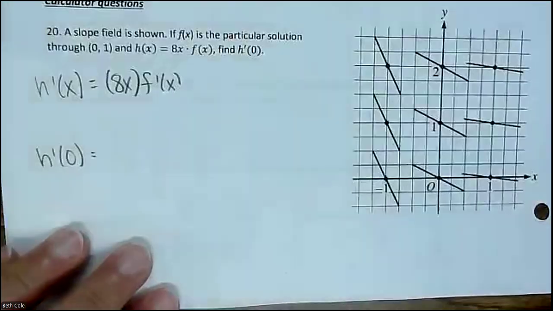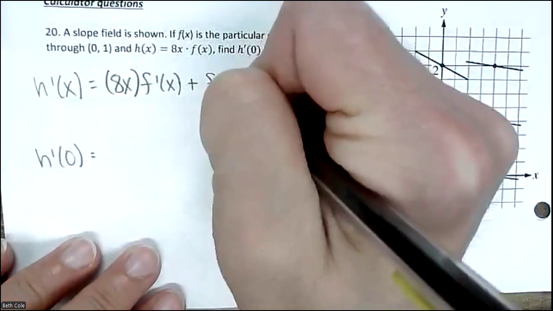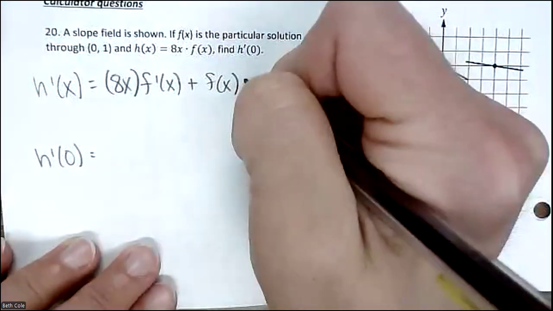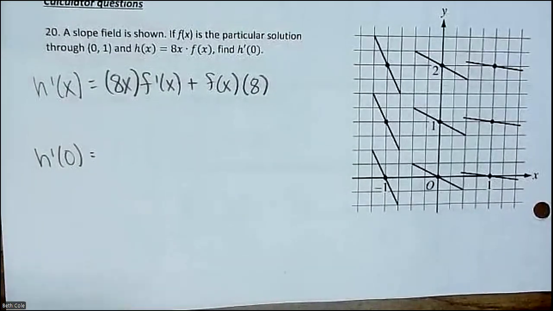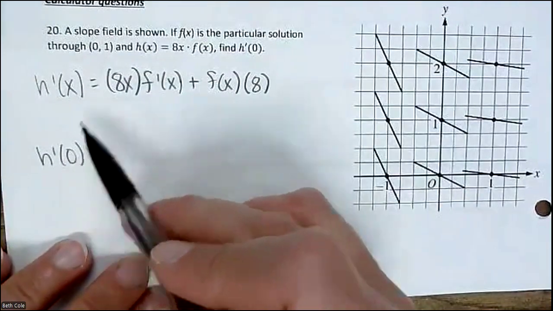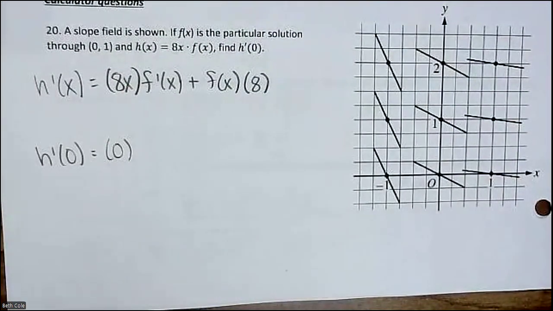Good. And derivative of f is just f prime, plus second thing times derivative of the first, which is just 8. So now we're going to go on a little scavenger hunt and find all this stuff. So if you plug in 0, 8 times 0 is 0. I realize that's going to turn that whole thing into 0, but I can't remember if that happens on your test or not.